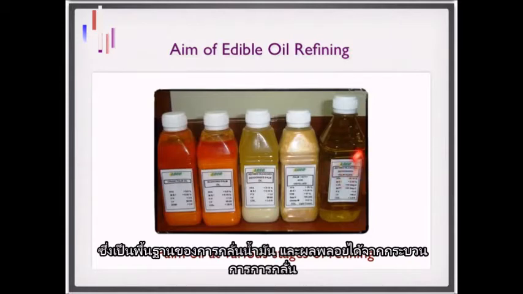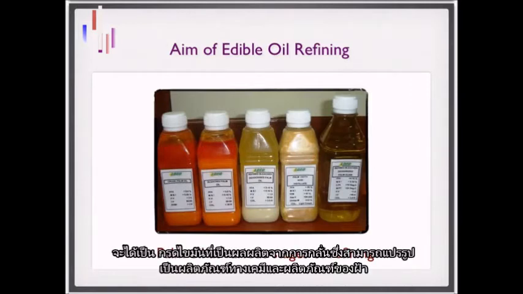So this is basically the refined oil, and this is the byproduct of the refining process, which is the fatty acid distillate, which can be processed further to produce other oleochemicals and to produce soap.